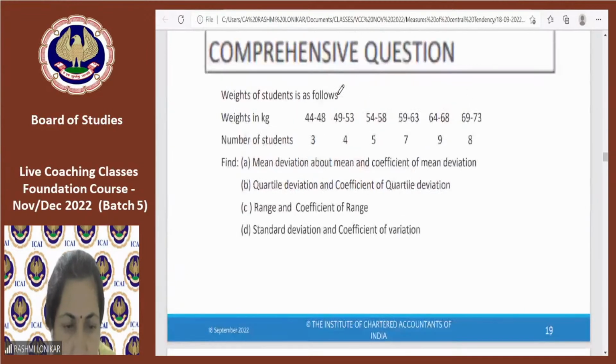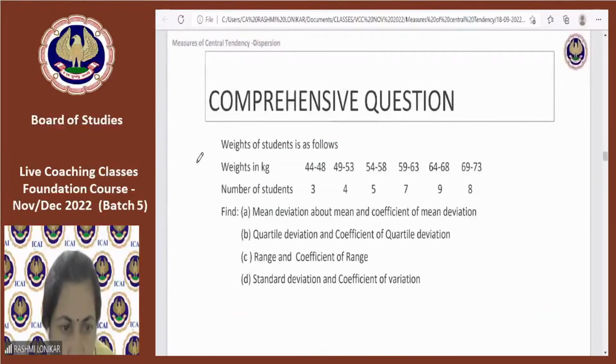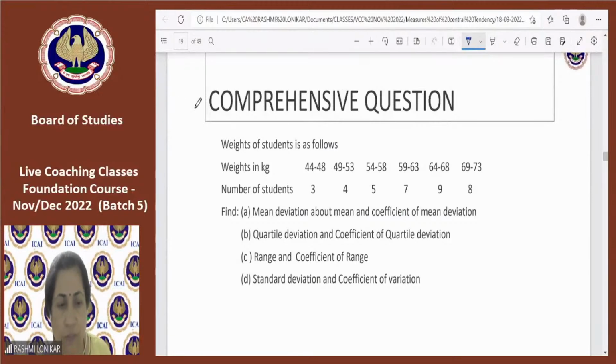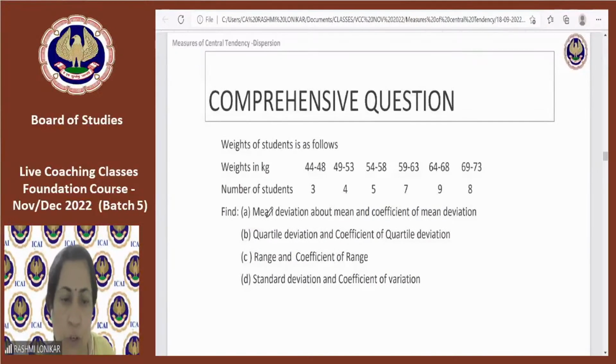This is the comprehensive sum that I was talking about. Last time we have done this sum, but here, if you do the sum, you will be able to revise mean deviation about mean, coefficient of mean deviation, range, coefficient of range, quartile deviation, coefficient of quartile deviation, standard deviation, and coefficient of variation.